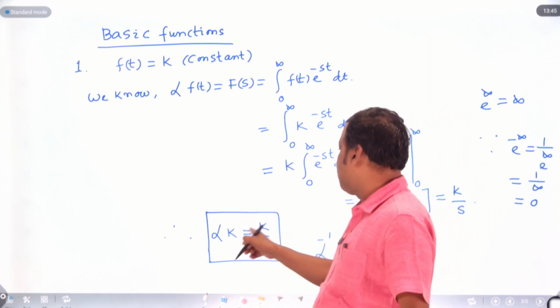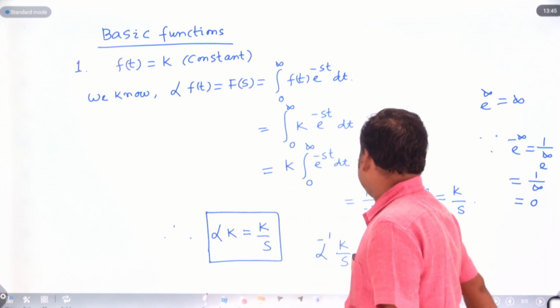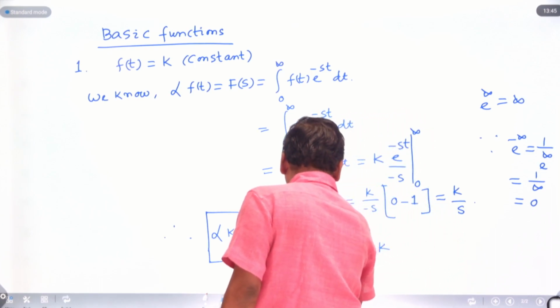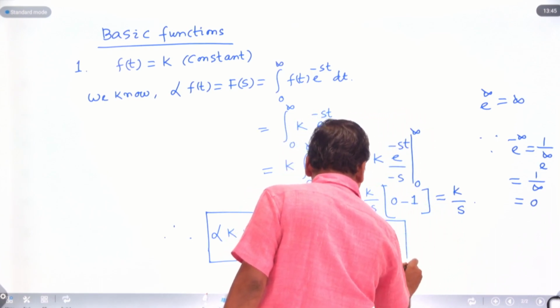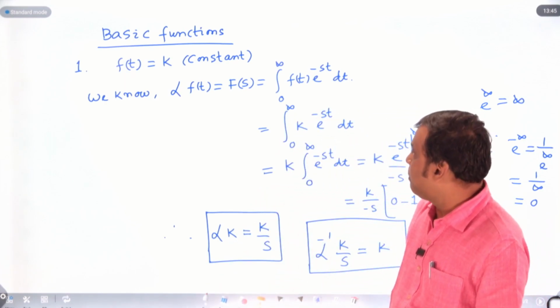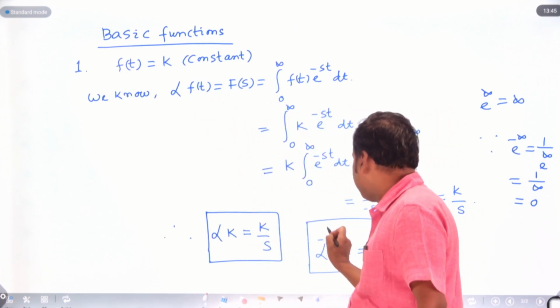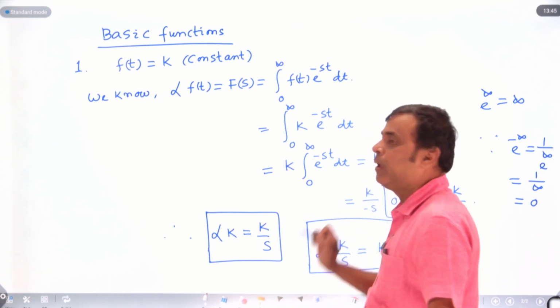Laplace transform of k equals k by s, and inverse Laplace transform of k by s is nothing but k. So this is one of the standard formulas to find the Laplace transform of a constant function.